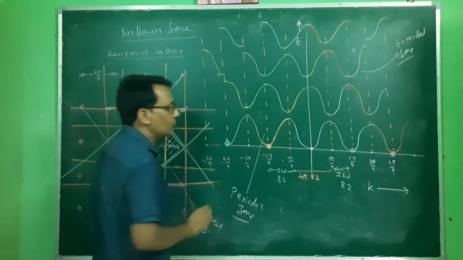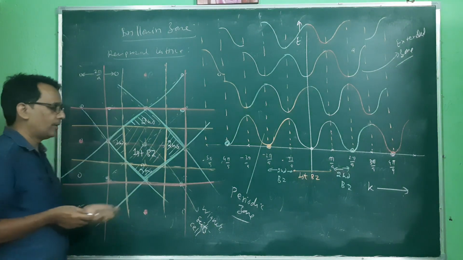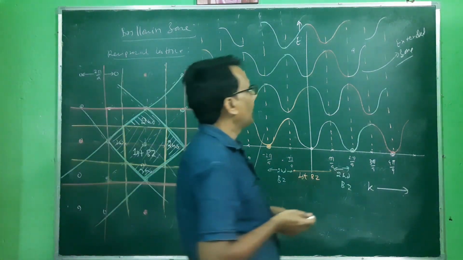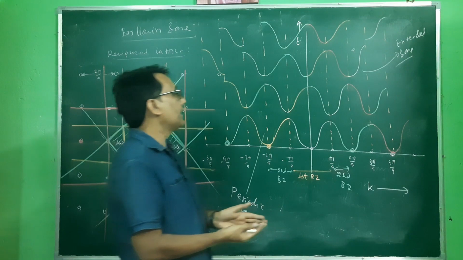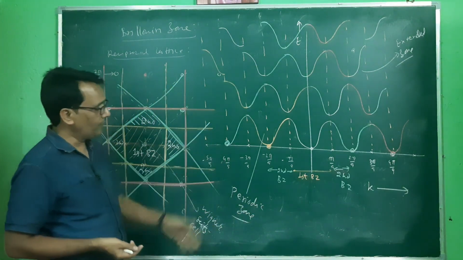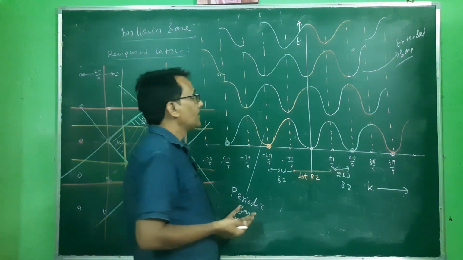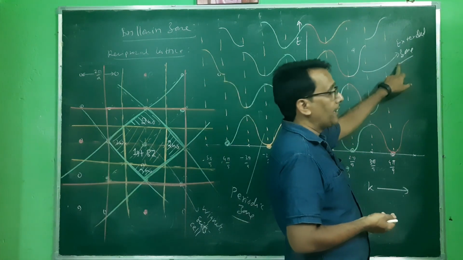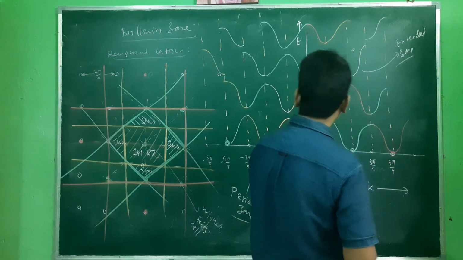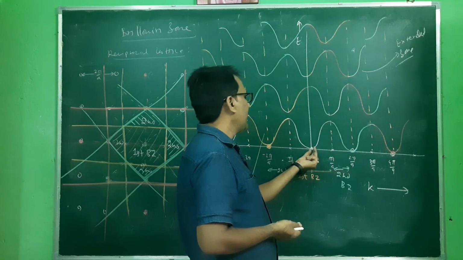So these are the Brillouin zones, and by using these Brillouin zones, when we plot the EK diagram, we can classify the EK diagram in different forms. One can classify it as an extended zone EK diagram, where one atom is shown as the central point.